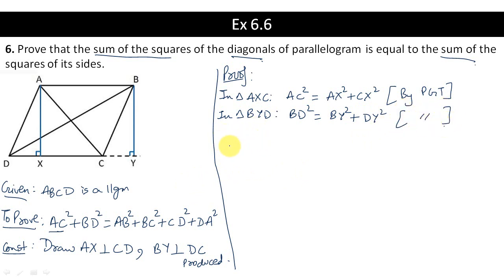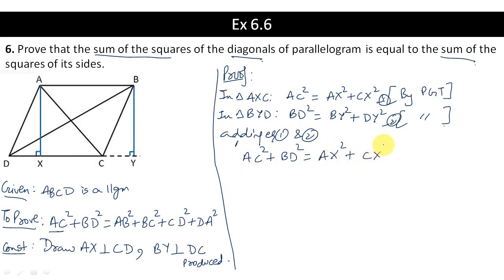We'll add both the equations. So mark this as first equation and this as second equation. When we add these two equations, we'll get AC square plus BD square is AX square plus CX square plus BY square plus DY square.